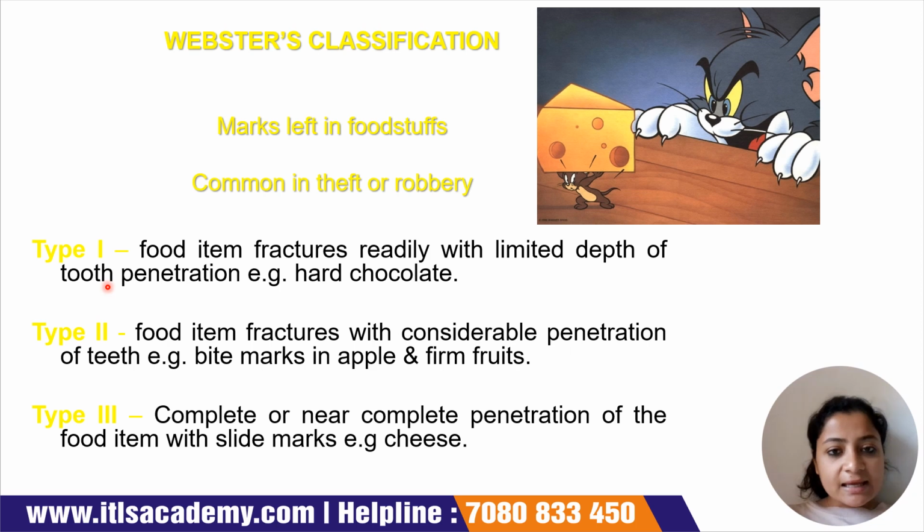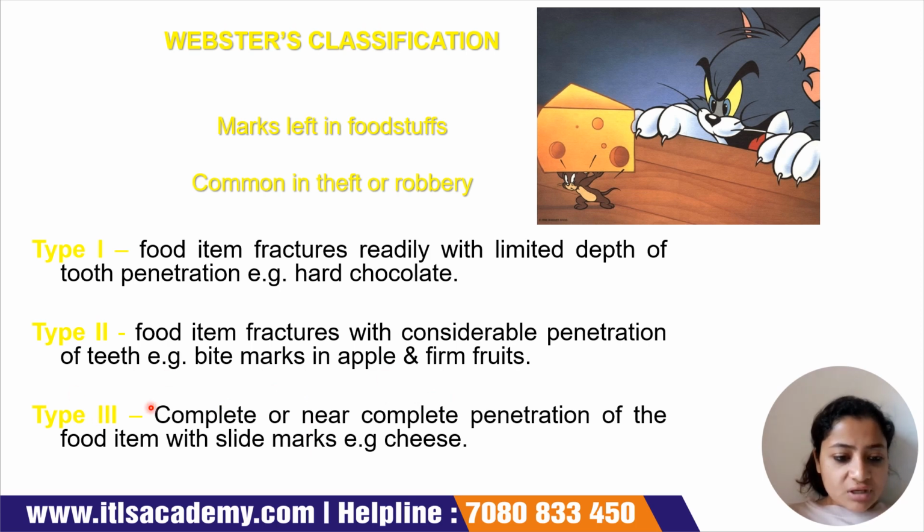These can again be categorized into three types: type 1, type 2, and type 3. Type 1 is food item fractures readily with limited depth of tooth penetration. Example, hard chocolate, meaning foods which are hard and require a nice bite. Then type 2 is food item fractures with considerable penetration of teeth. Example, bite marks on apple and firm fruits.